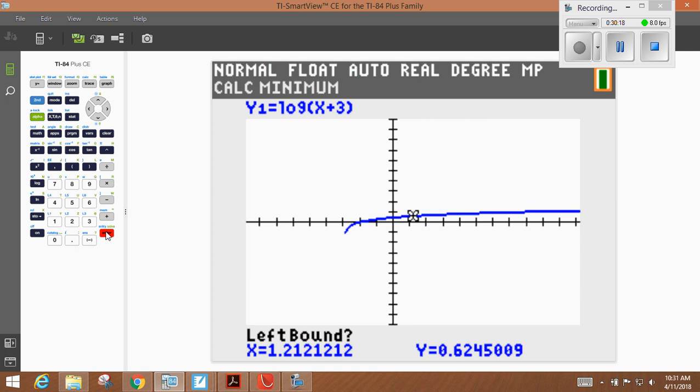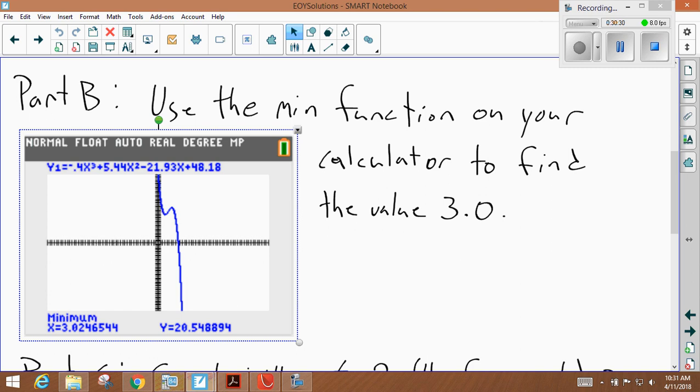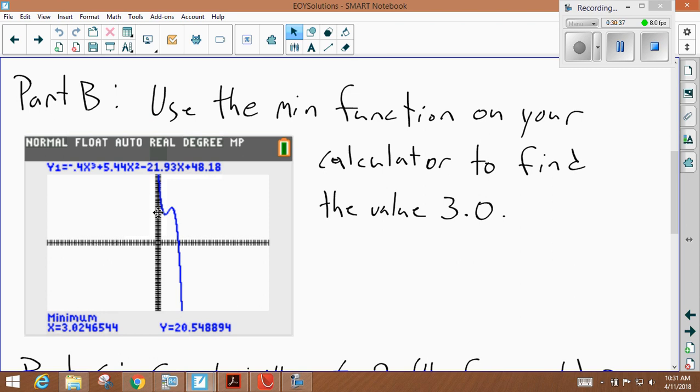Remember that? And it asks you between where and where. And you look for where the graph drops, right? So in this case, I would put between here and here. And that gives me a minimum value of approximately 3.